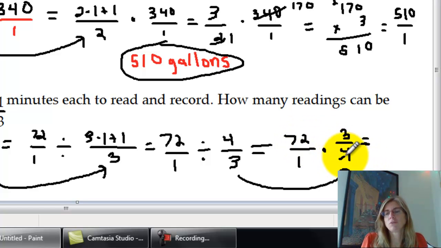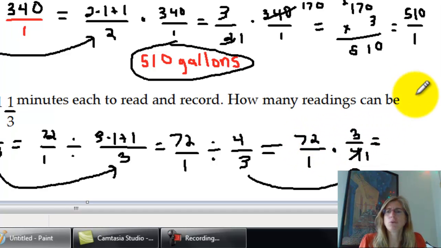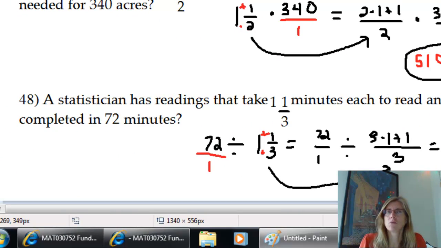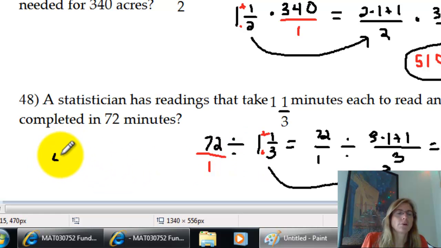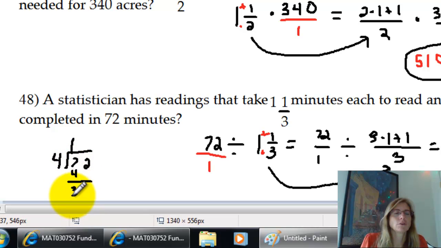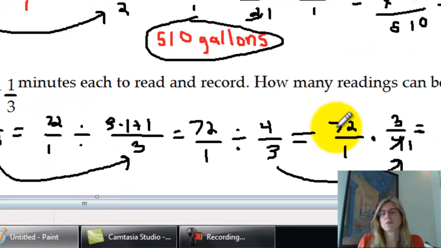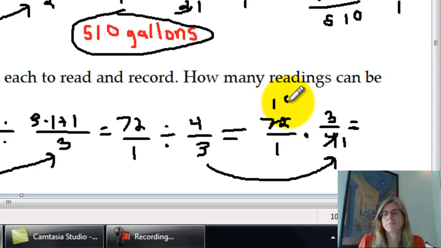So we're going to cross reduce. 4 into 4 is 1. 4 into 72, how many times does it go into 72? Let's figure it out. 4 into 7 is 1, and that's 32. 4 into 32 is 8, so it's 18 times 4, so that reduces to 18.